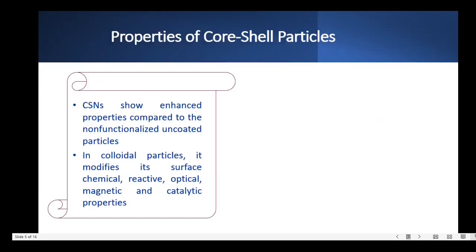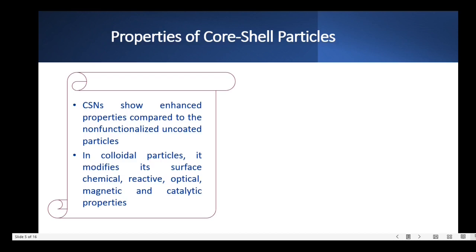Next one is the properties of core-shell structure. Because of their unique characteristics like diverse composition, various morphologies, controllable particle size, and synergistic effect among the components, the core-shell particles exhibit enhanced optical and catalytic properties.